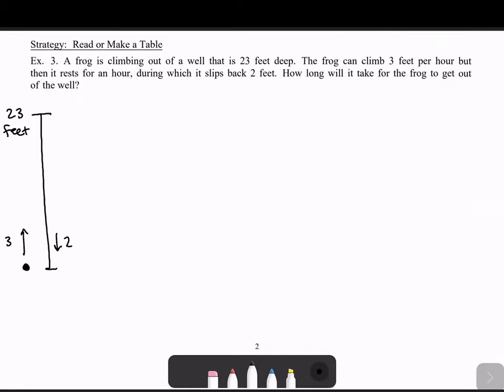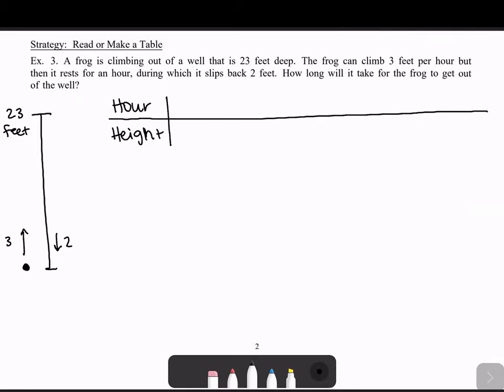So we can have the hour and then the height of the frog in the well. After 1 hour, the frog started at 0 at the bottom of the well and then went up to 3 feet.